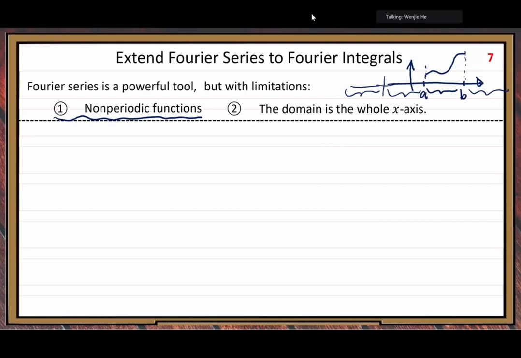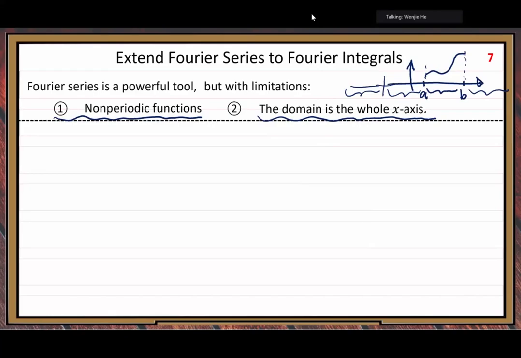The function is given and only defined in an interval. But in the second case, the function is non-periodic and the domain is the whole x-axis. You cannot do extension. You have to accept the given function as is.